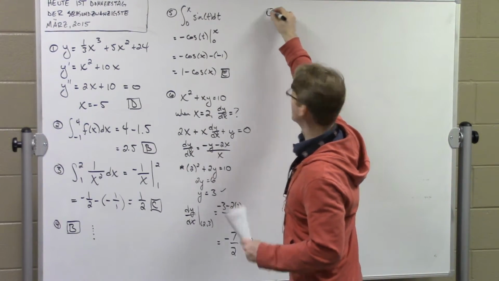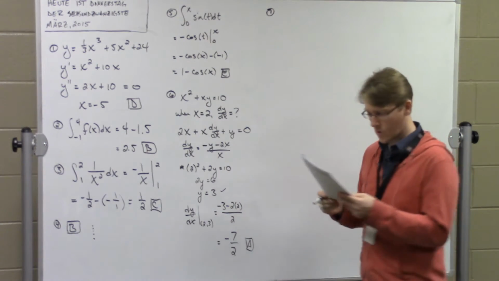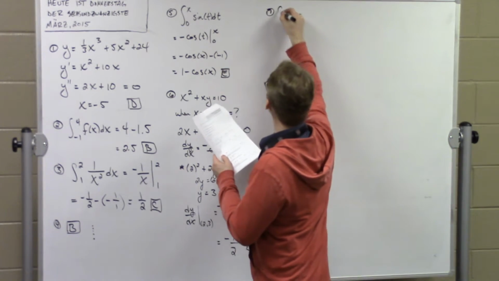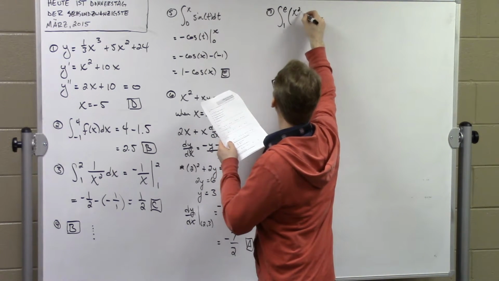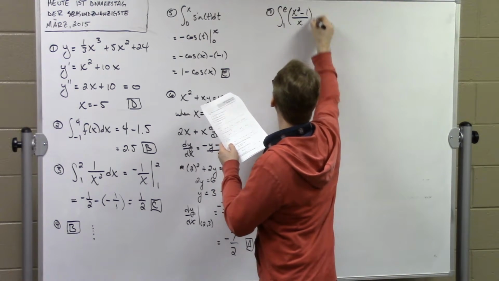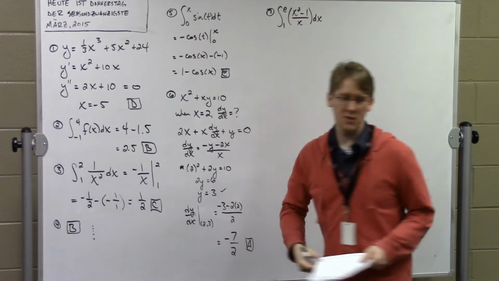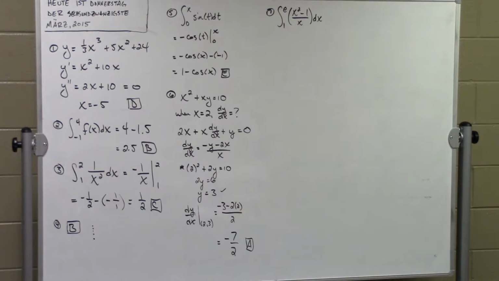All right, let's see. Ooh, I like it. I am curious to see how you're going to get this one right. What would you let u be? I don't know. Actually, I don't think u-substitution would help at all.